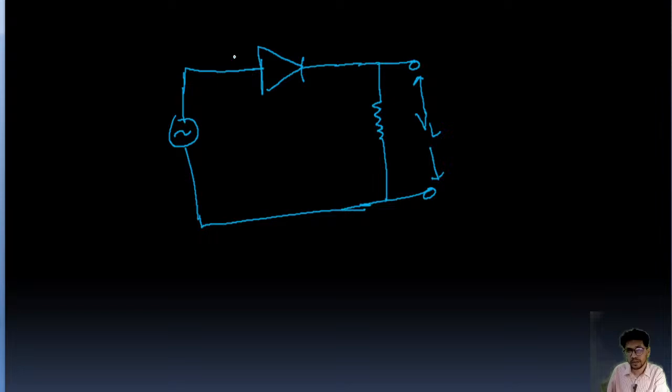VL, and this is RS. This is RS, this is VL, and this is RL, and this is VS. RS. Okay, so this is the question.